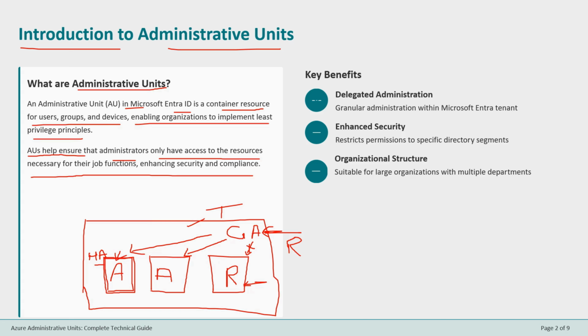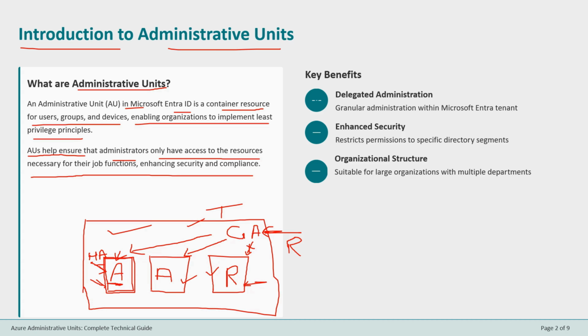All the users, devices or groups added to this administrative unit, this help desk administrator will work for only this container. He can't do anything on the tenant. He can't do anything with the other administrative units. He can only access this particular administrative unit.